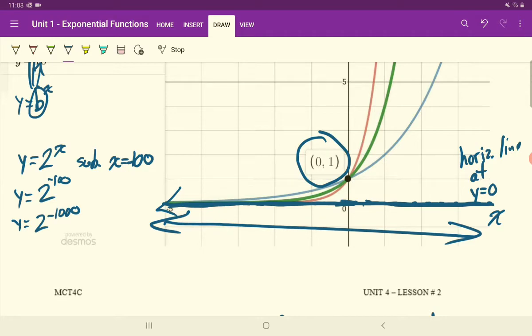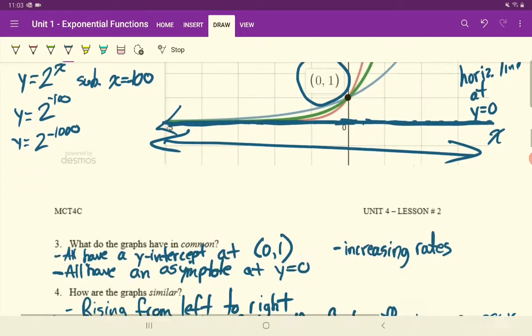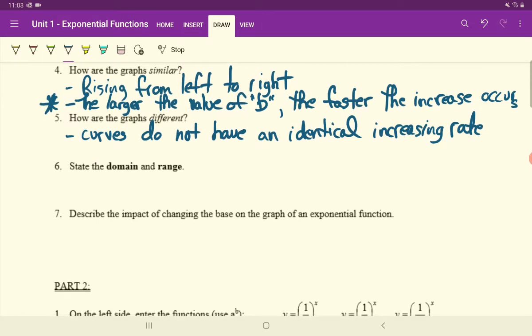We can substitute any values of x because this curve keeps going on forever in the left and right direction. All right, so the domain is simply x is an element of any real number. Okay, so any number, and that could be decimals, negatives, positives, absolutely any value we can substitute in for x.